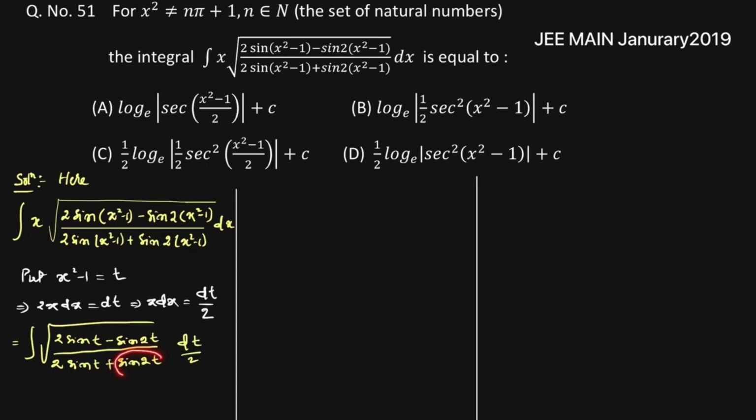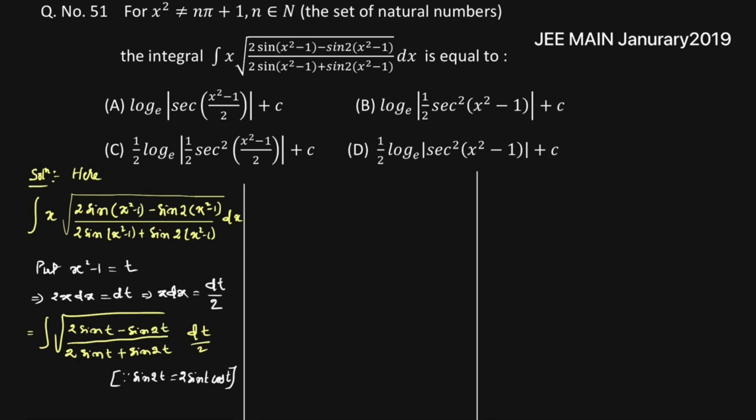So we know that sin 2t we are able to write as 2 sin t cos t.